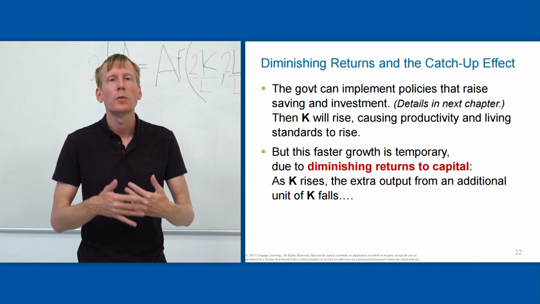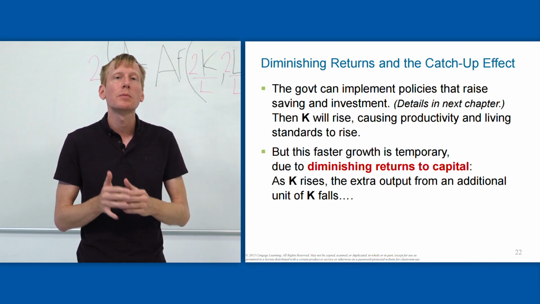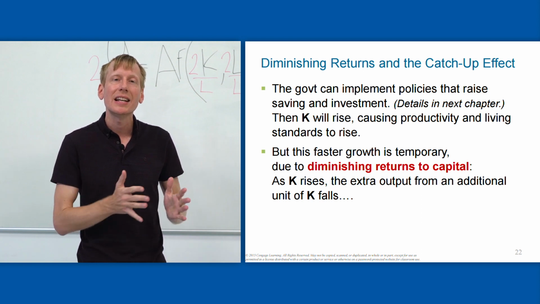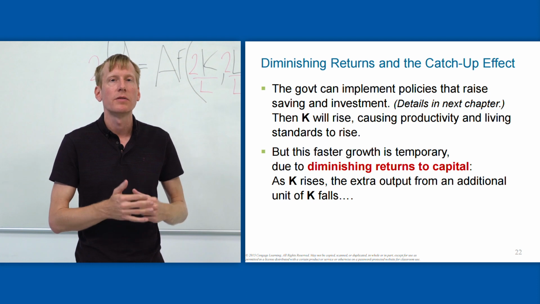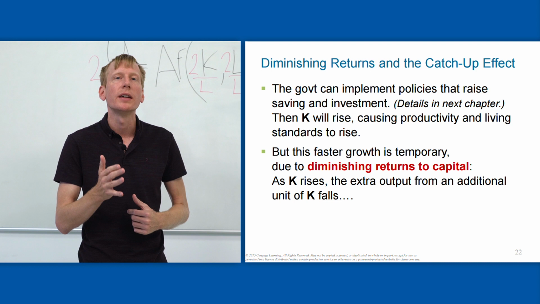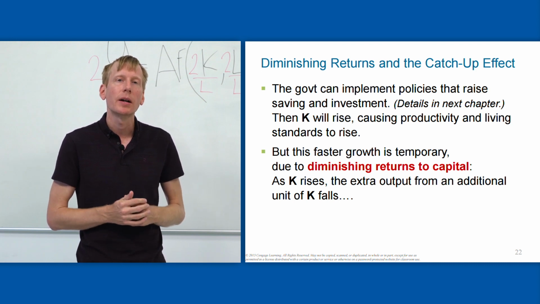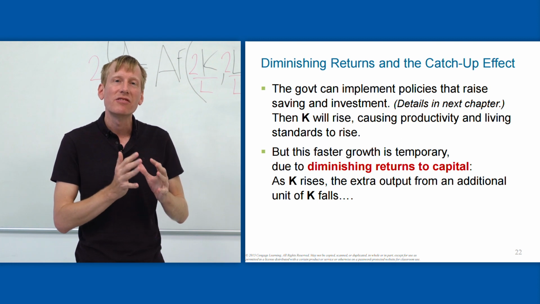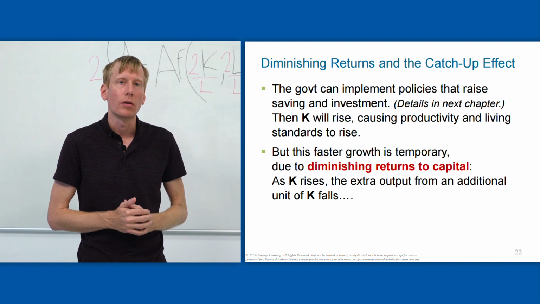There's a lower marginal product over time. And they may at some point reach a point when it's not possible for them to continue to accelerate growth through investment alone, investment in physical capital. Japan would be an example of a country that seems to have hit this point, where the government has tried to stimulate economic growth by increasing investment, but it has not led to very much extra growth at all.